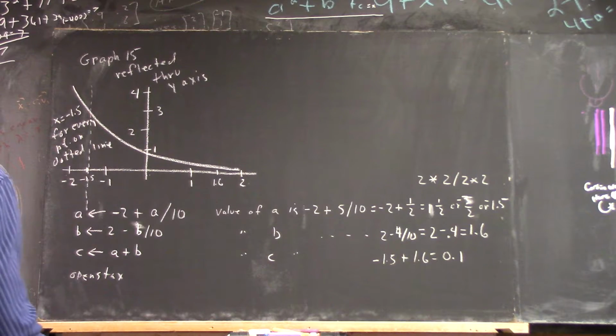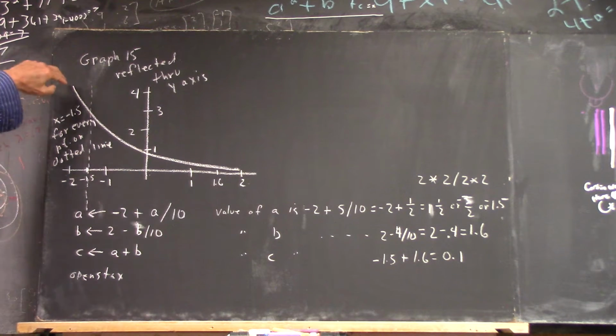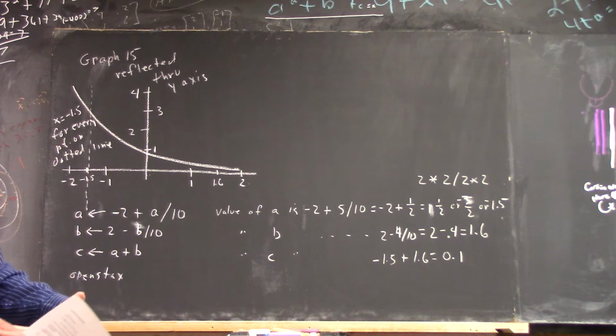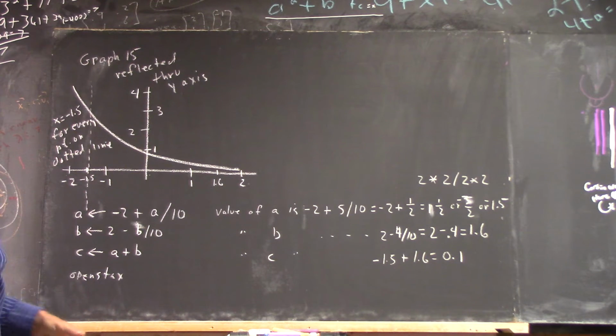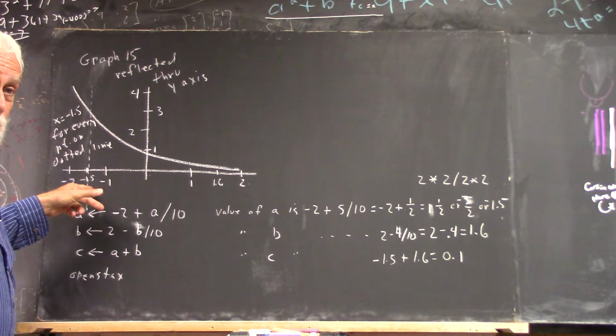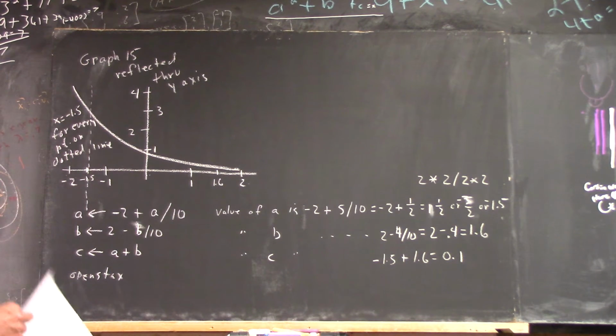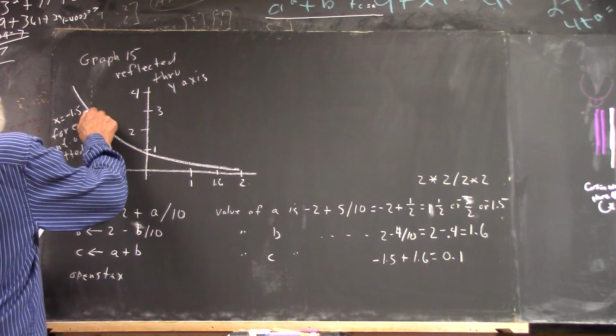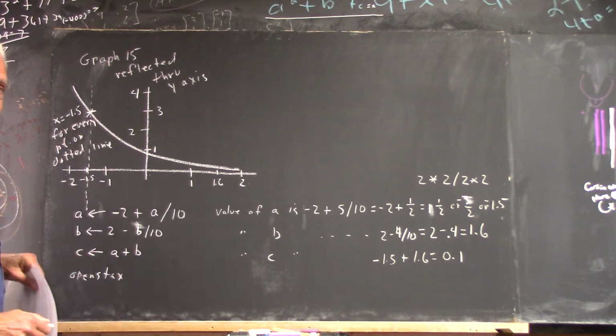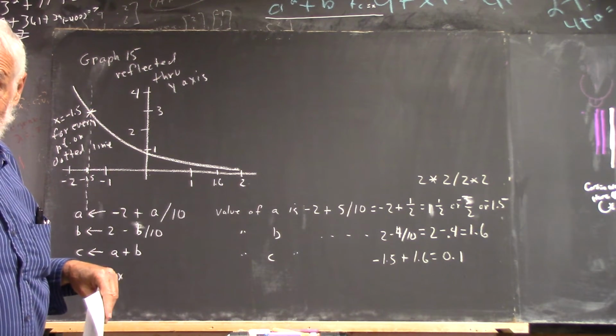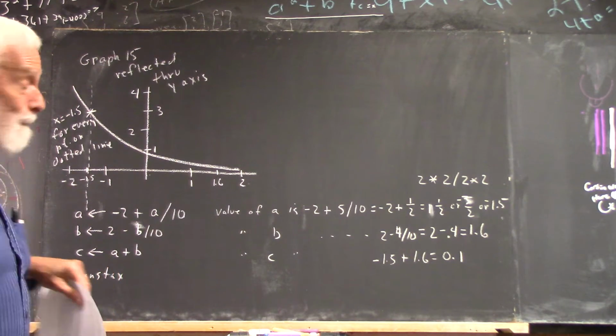Now, it seems fairly clear that if it's on the curve, as it says it has to be, and if x is negative 1.5, and if the only way x is negative 1.5 is if it lies on this line here, then the point on the curve is this one, right? Okay?